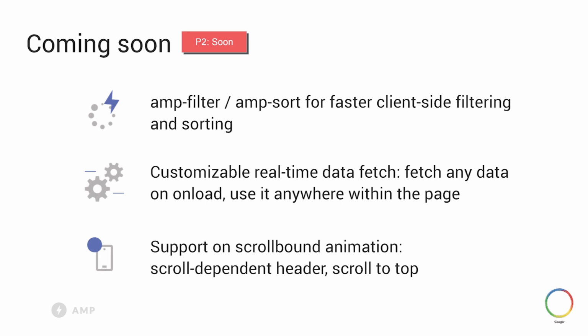The real-time data fetch feature will become even more powerful and customizable. And this is very good news for all the designers. And AMP will be able to listen to scroll events as well, like a scroll-dependent header or a scroll-back-to-top experience. So AMP is changing every day to make the web experience better.